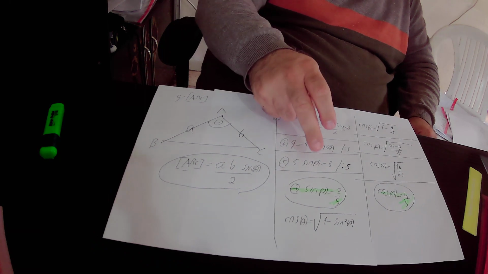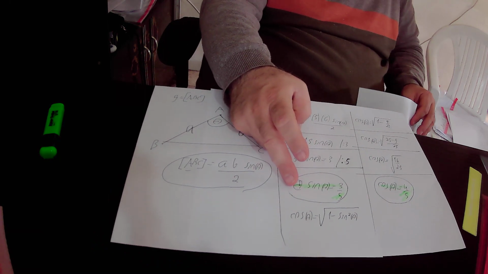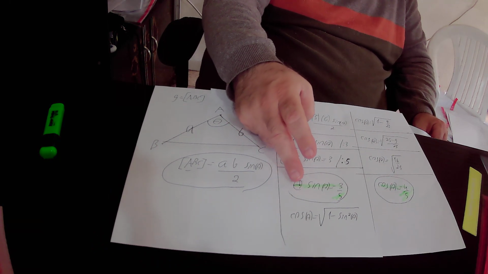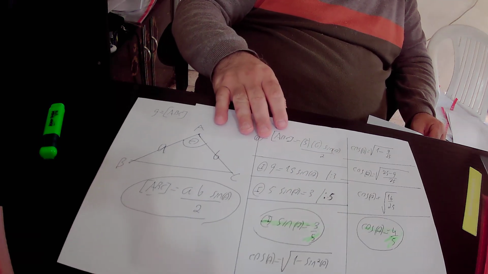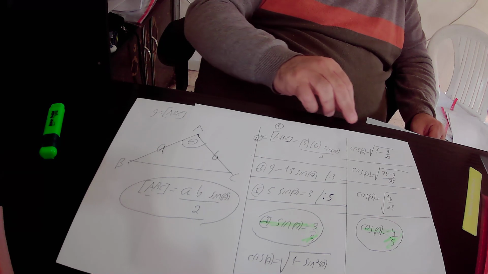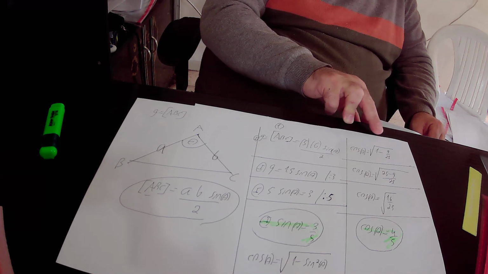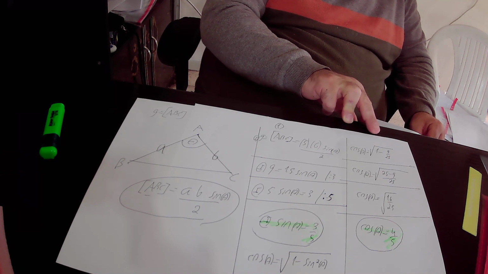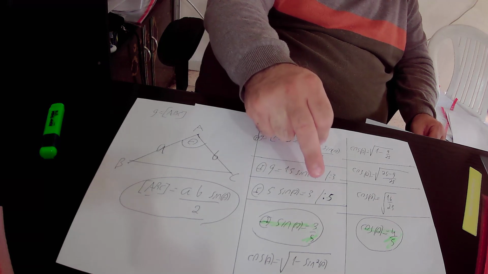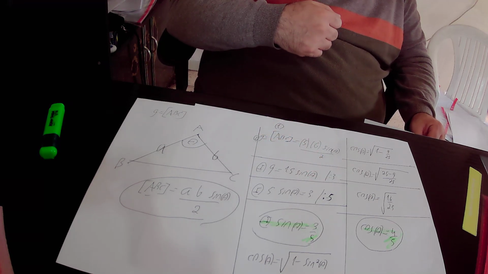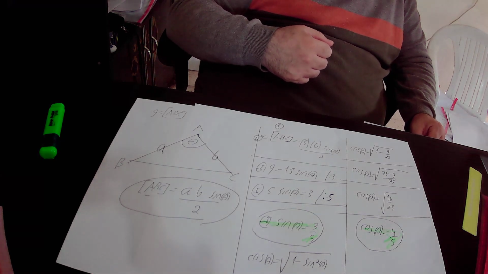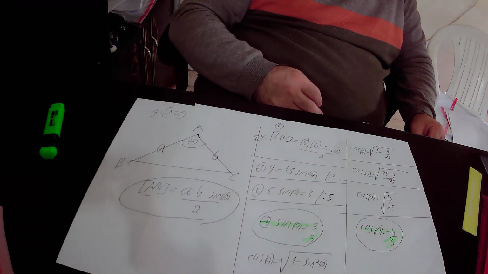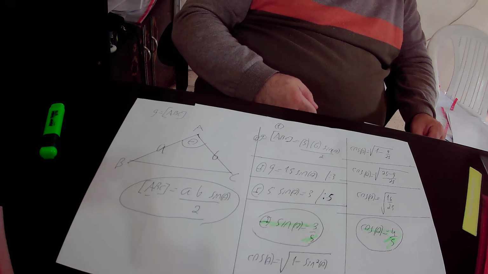And here, with the trigonometric identity, cosine theta equals the square root of 1 minus sine squared theta. If sine theta equals 3/5, it means that sine squared theta will be equal to 3/5 squared, that is 3 squared, 9, over 5 squared, 25.